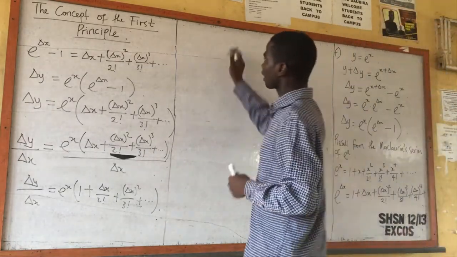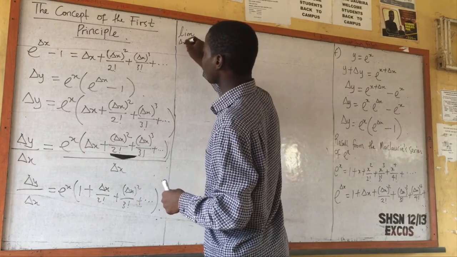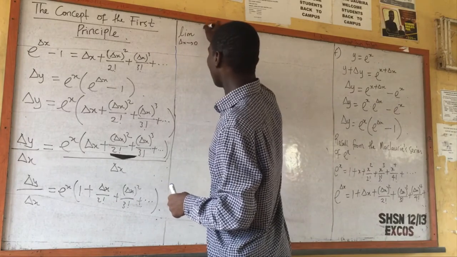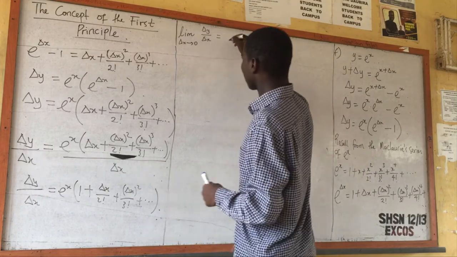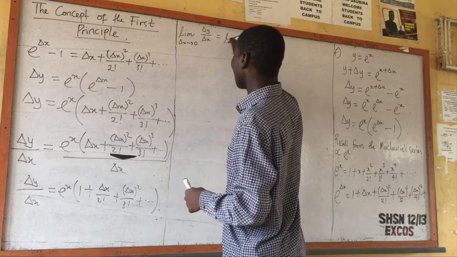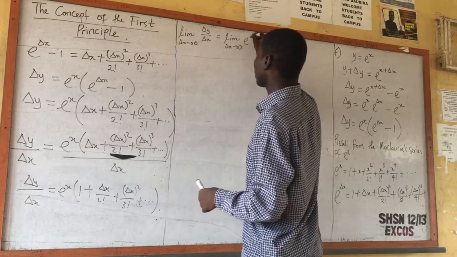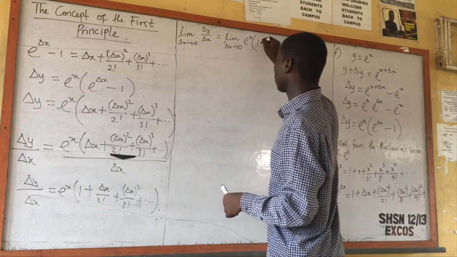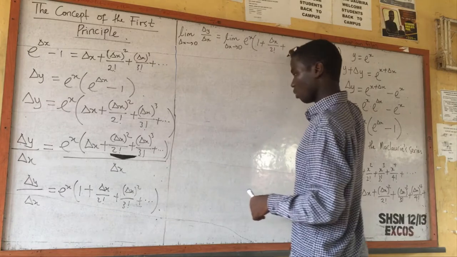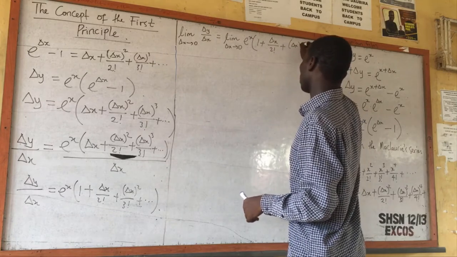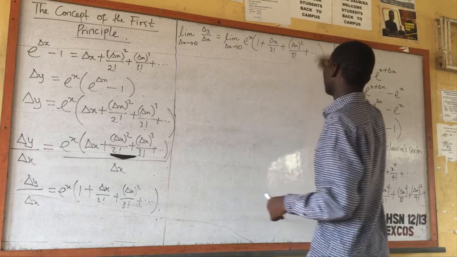At the end of the day, take limit of both sides: limit as delta s goes to 0 of delta y over delta s equals limit as delta s goes to 0 of e raised power s, open bracket, 1 plus delta s over 2 factorial plus delta s all squared over 3 factorial, and it goes on like that.